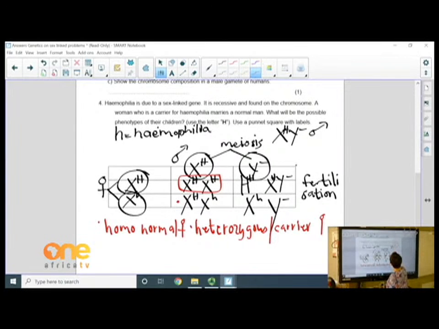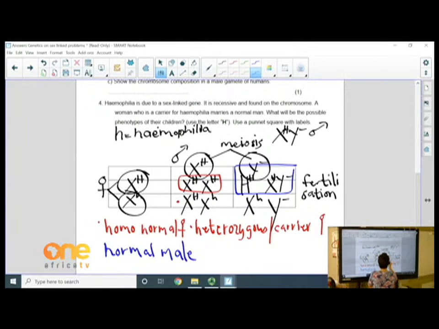Now, this will be a male, and that male will be a normal male, right?